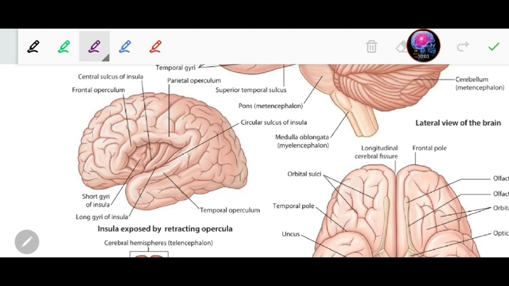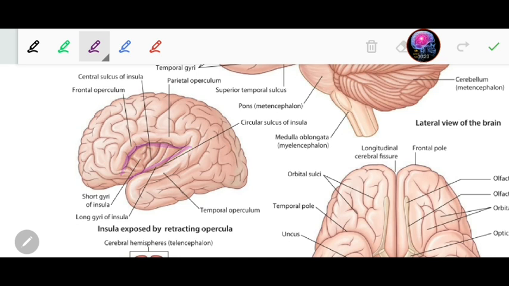In this diagram, we can see that the lips of the lateral sulcus have been pulled apart and the insula, or insular cortex or central lobe, whichever name you choose to call it by, has been exposed.